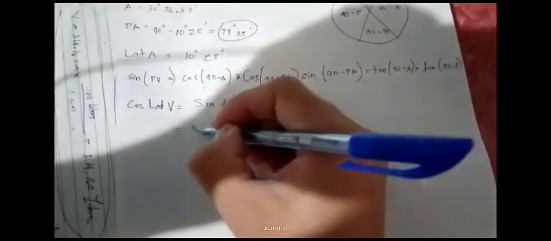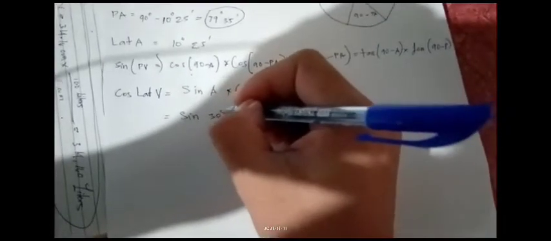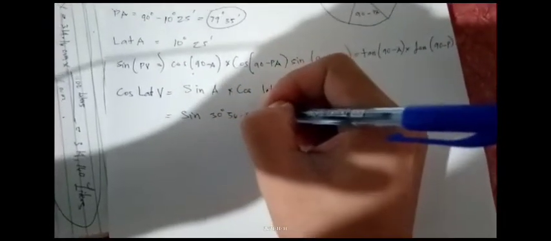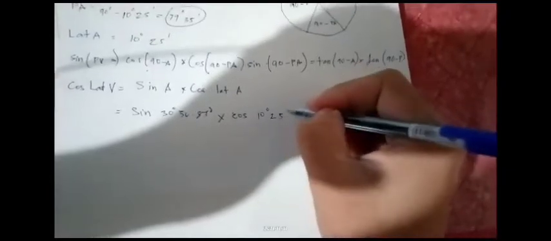Okay, this one is our sine A. So sine 30 degrees 56.87 minutes multiplied by cosine latitude A, 10 degrees and 25 minutes. Our latitude A, if you remember, is 10 degrees and 25 minutes.